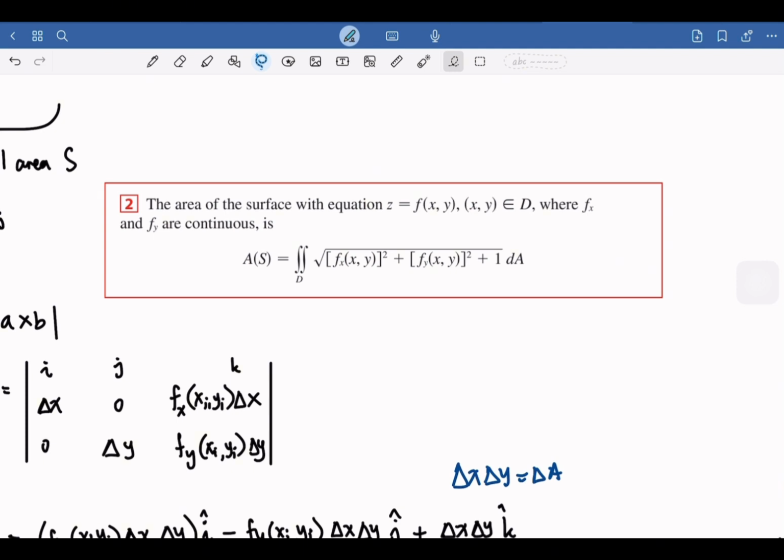And if you notice the similarity of this double integration for surface area with the arc length, when you learned the arc length formula, it's pretty similar. You have the square root and then 1 plus either dy/dx or dx/dy squared, and then you get the dx or dy on the other side.